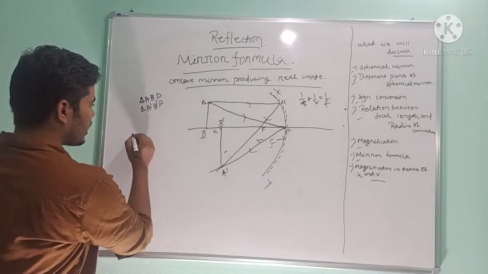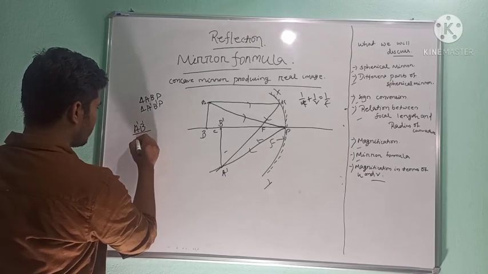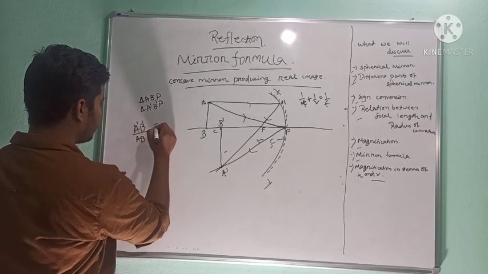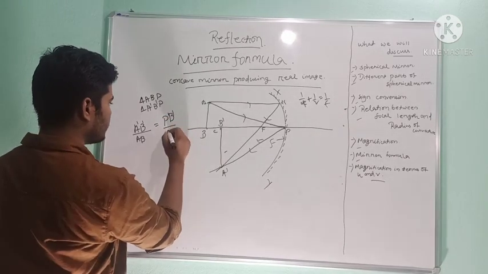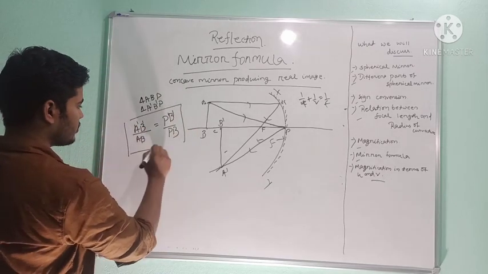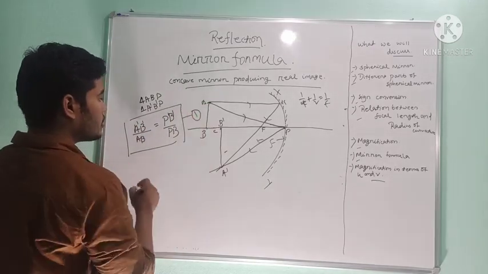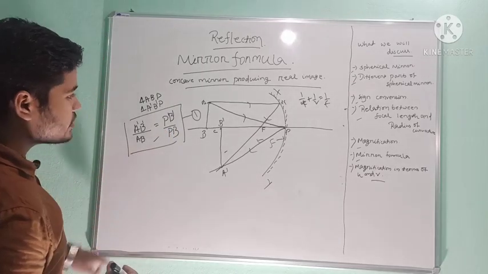So we can write A dash B dash by AB is equal to PB dash by PB. Write down this equation. This will be equation 1. This is more important. We are going to find magnification by using this.